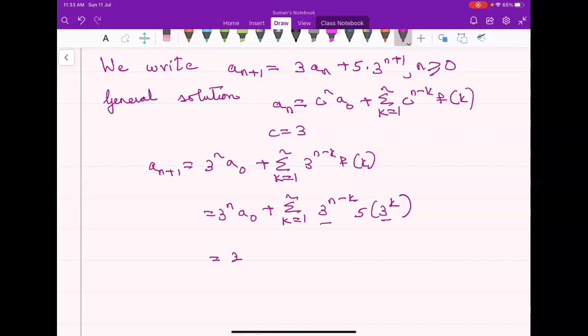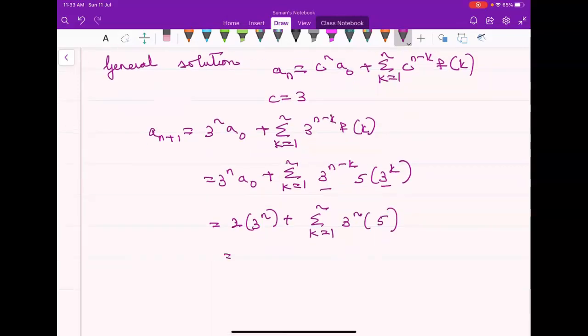So I'm going to substitute for a naught. So 2 into 3 raised to n plus summation k taking value 1 to n 3 raised to n times 5. So you can take out the 5. So it is 2 into 3 raised to n plus 5, and this would give you 3 raised to n.